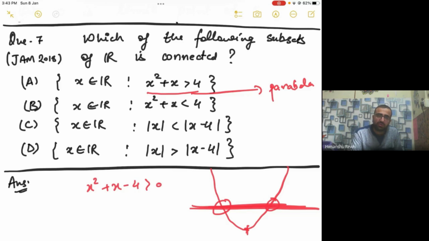And for x going to infinity and minus infinity, my parabola will go up. So at least I have two components for this curve and for this curve. This is how I think it has two connected components.